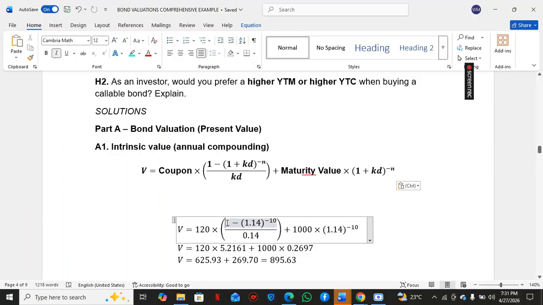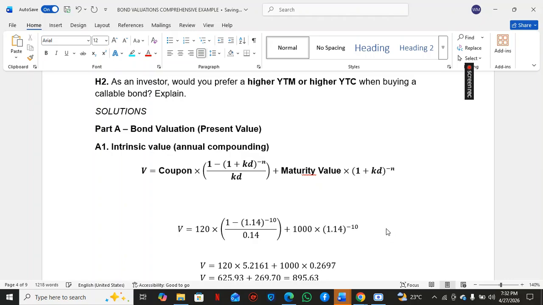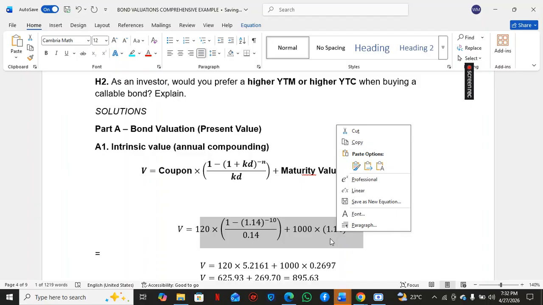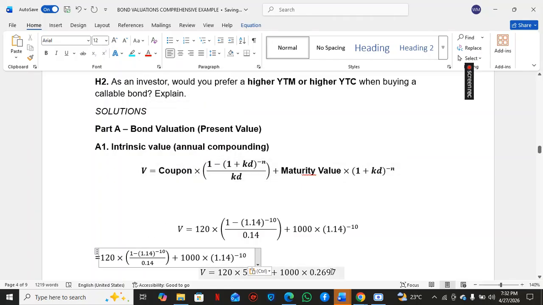So here for this tabulation, you start by saying 1.14 to the power negative 10. You get that value, then you subtract it from 1. Maybe let's do it in steps so that you are seeing what's happening. You're going to say 1.14 to the power negative 10.